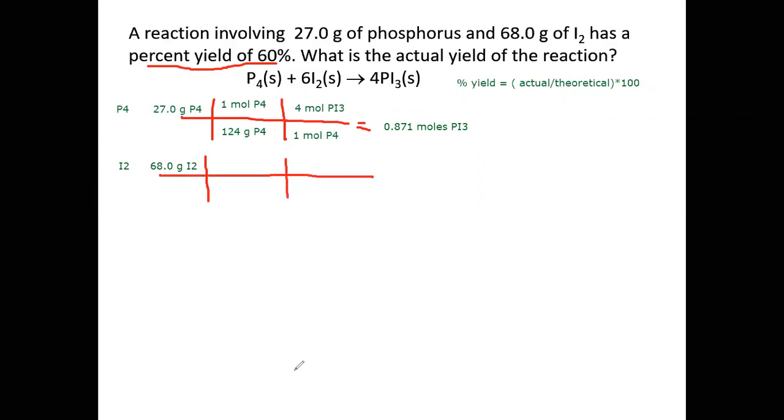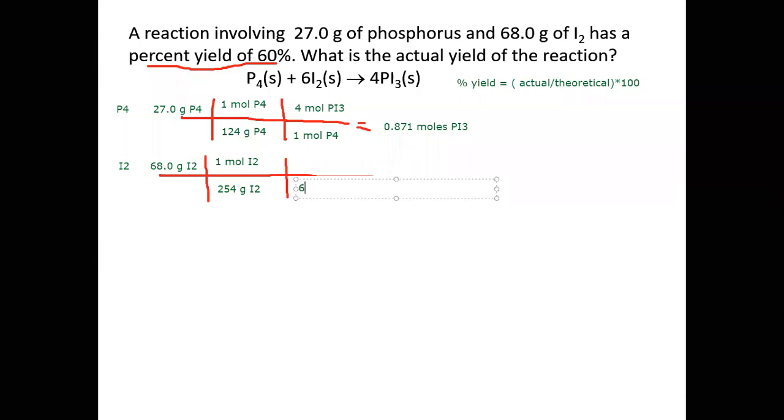First step, we're going to convert it to moles. Again, iodine is a diatomic element. And then here you see the mole ratio is 6 moles of I2 to 4 moles of PI3.